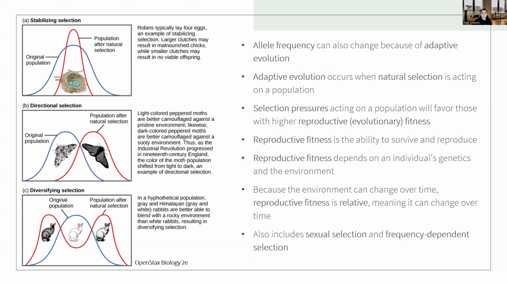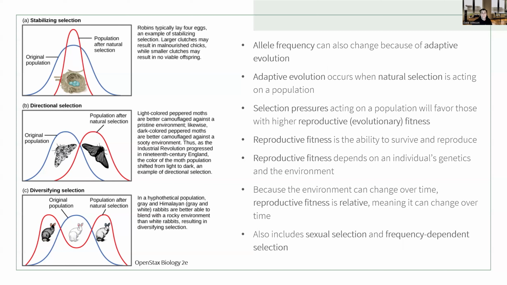Now, we need to dispel the commonly held myth that natural selection is about survival of the fittest, using the connotation of fitness as a human construct, which is bigger, faster, stronger. Reproductive fitness does not always mean bigger, faster, stronger. In some cases, it could mean the exact opposite, depending on what the environment dictates. Reproductive fitness is relative. It can change over time.